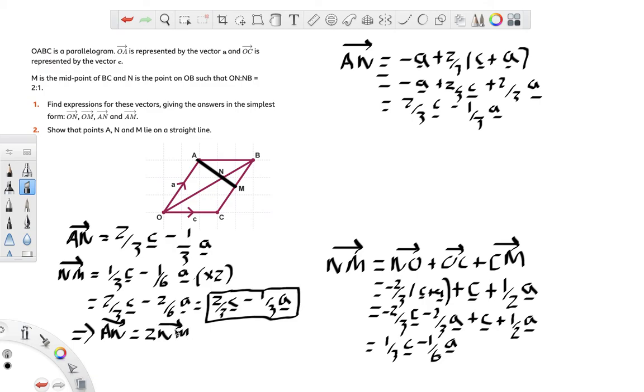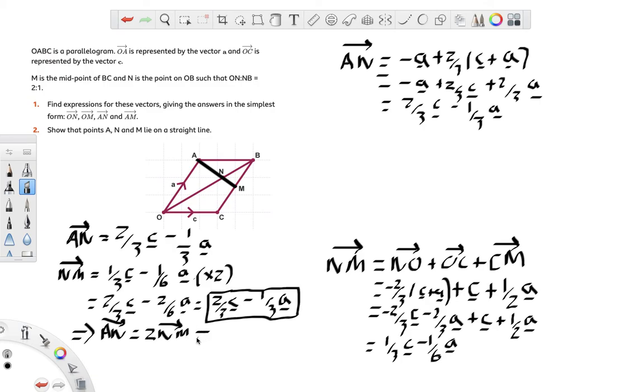So this is difficult and it requires a lot of knowledge of a lot of different things. It's a difficult question. So what we need to recall now is that if we have two vectors that are parallel, they are multiples of each other. So these A to N and N to M are multiples of each other.